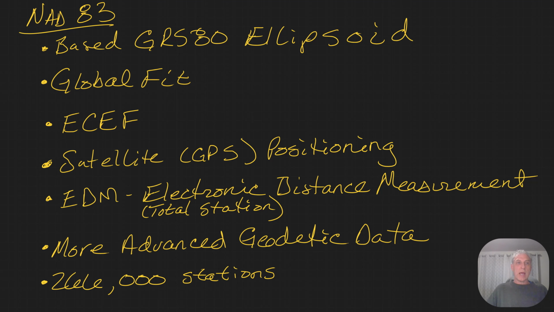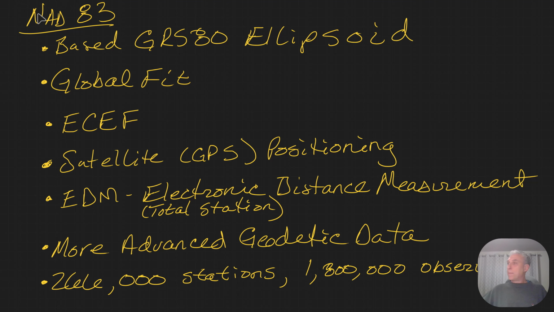Angles were observed at each point multiple times. So we could incorporate as much redundancy as was feasible economically, right? So 266,000 stations and 1,800,000-ish observations. Quite an undertaking. A lot of people were employed in the development of NAD83.